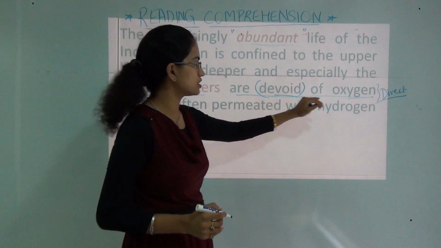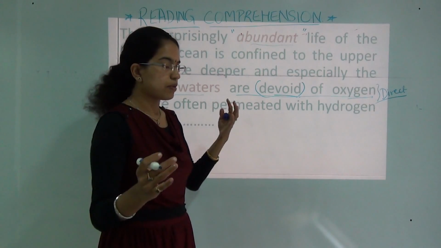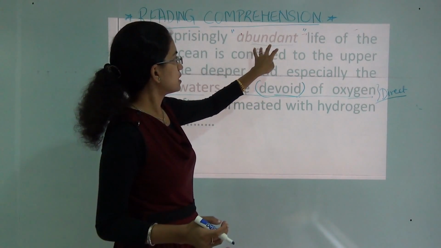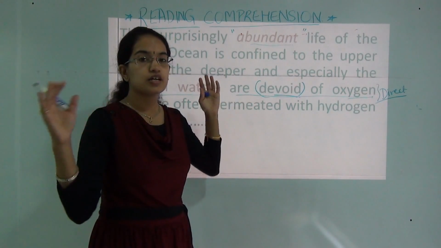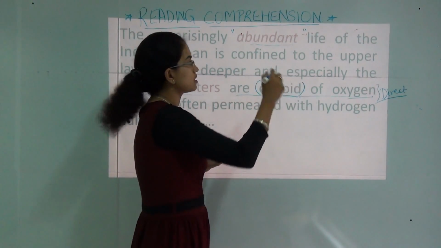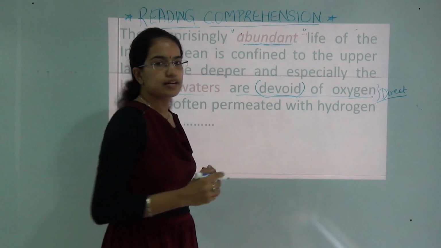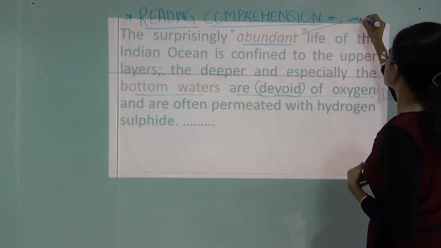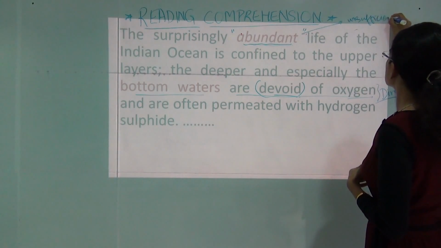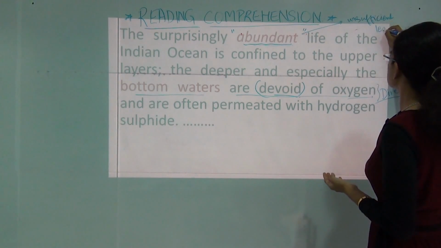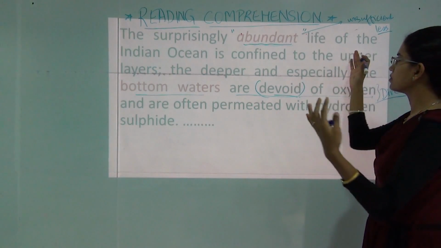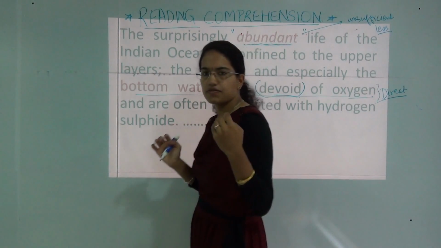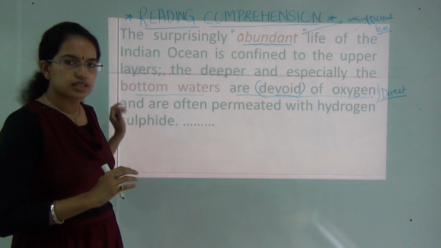Since there is not enough oxygen, there is not enough plant life or life there. That means in the upper layers, life is abundant. That is, there is a huge amount of life there. So the antonym or the opposite of abundant would be insufficient or less. Abundant is more, so the opposite of that would be less. So these are the 2 questions that we are trying to understand based on this passage.